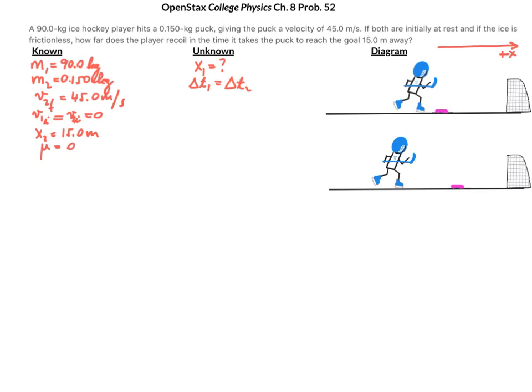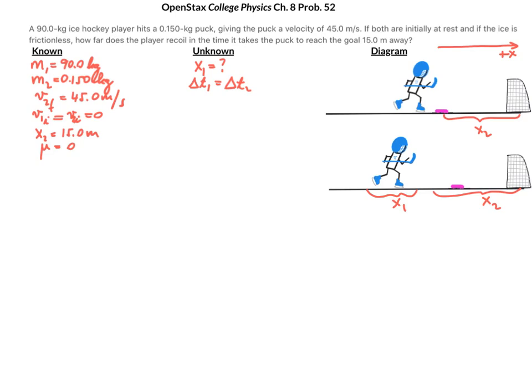I know that the distance from the puck to the goal, I called it x2, is 15 meters. And I want to know the distance that the hockey player will go while the puck travels a distance x2.